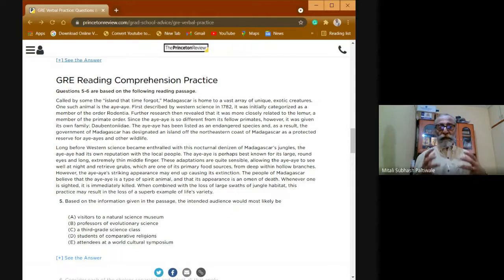That means when we combine this with all the other threats in the forests of Madagascar, if people blindly believe it is an omen of death and keep killing it, then we are moving towards the extinction of that species, which can become no more living on the earth.